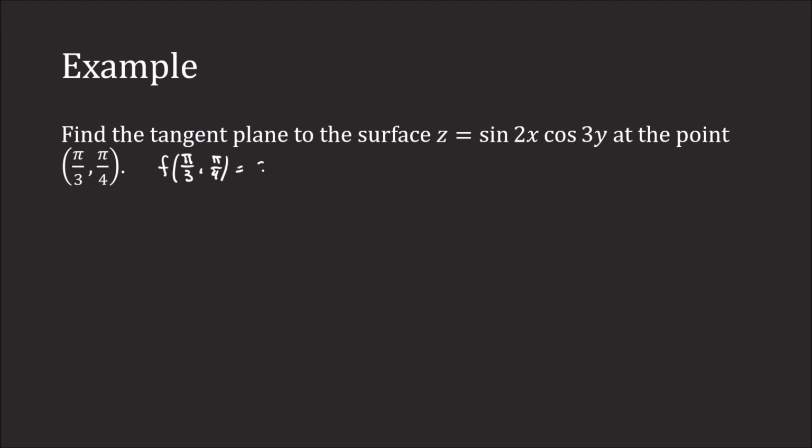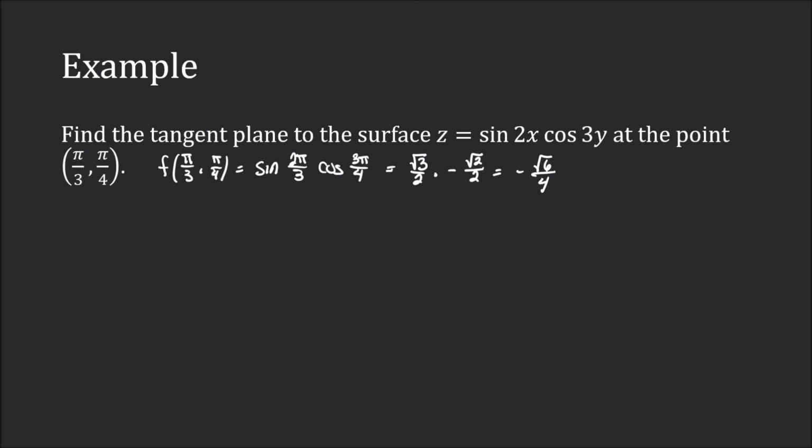So we'll have sine of 2 pi over 3 times the cosine of 3 pi over 4. So this is the square root of 3 over 2 times negative square root of 2 over 2. So we get negative square root of 6 over 4.